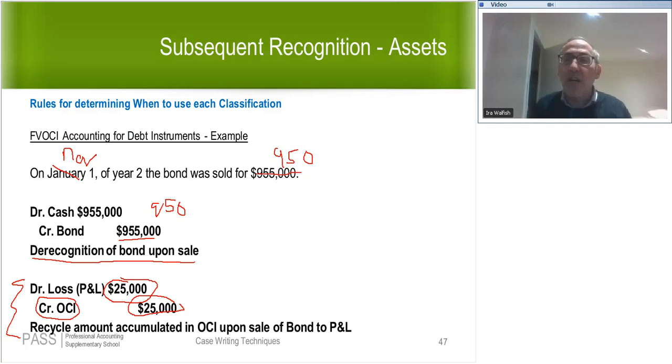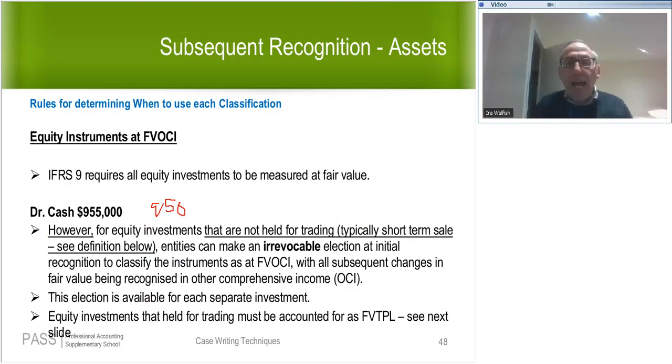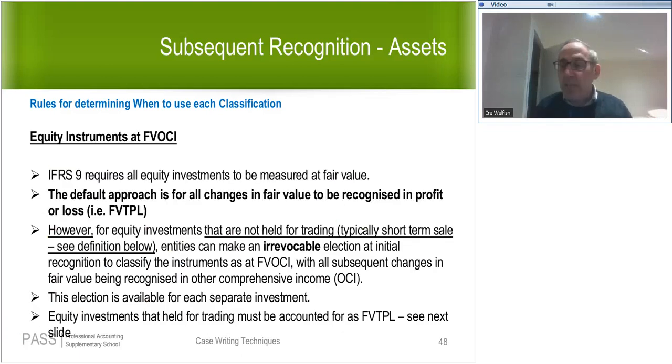Equity instruments at FVOCI. I mentioned a moment ago that the treatment of equity instruments, of shares that we classify as FVOCI, is not the same as the treatment of debt instruments like bonds. IFRS 9 requires that all equity instruments be measured at fair value.